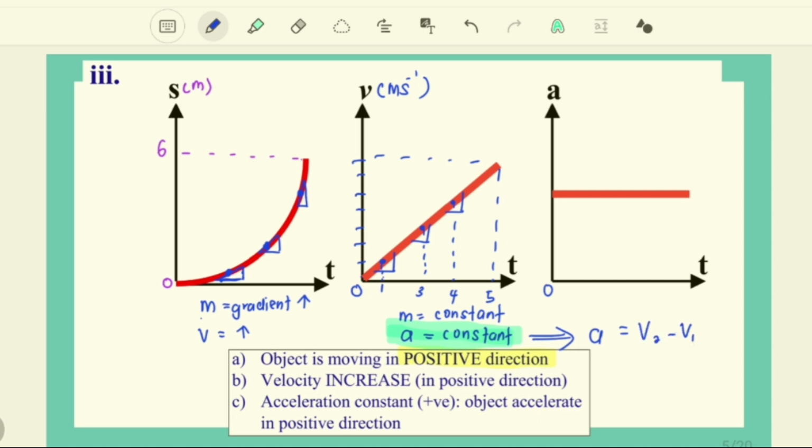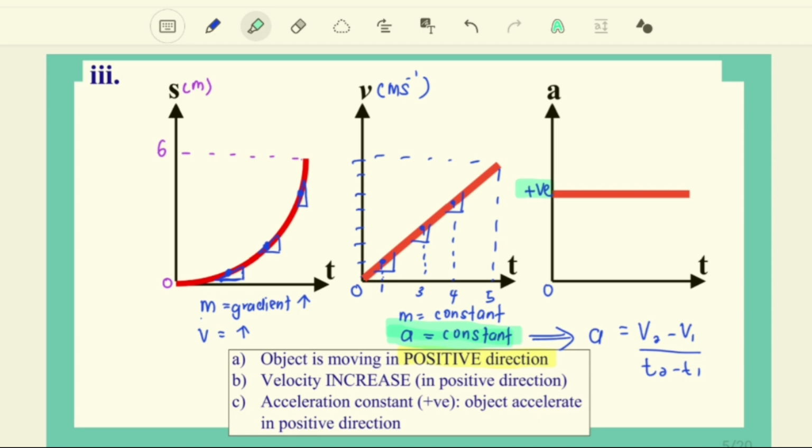Okay, based on the graph, kira lah dia punya gradient. V2 minus V1 over T2 minus T1. Okay, so kita akan dapat satu nilai yang positif. So from this, acceleration is constant, which is at positive value here. Okay, and the object accelerates in positive direction from 0 to 6 meter. Okay, let's say gerak ke kanan, positif ataupun ke hadapan.